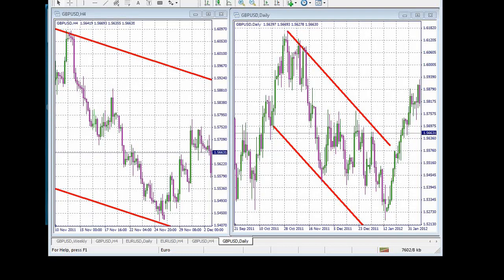All those 5 are in the impulse move. And the last 3 waves of the cycle, A, B, C, compose the corrective move.